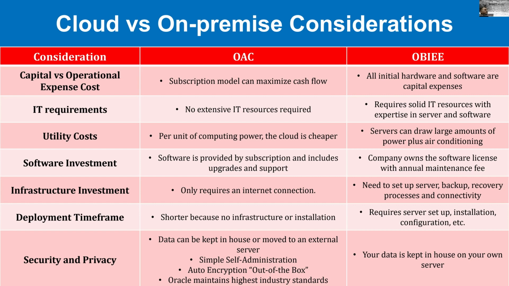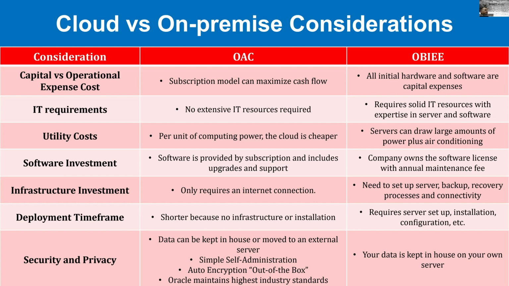IT requirements, there's no extensive IT resources required when it comes to OAC. Certainly, as we get into talking about some of the setup and the administration, you're definitely going to need some resources. But when we look at OBIEE on-premise, since you have to manage all the hardware and all the infrastructure behind OBIEE, it's much more comprehensive in terms of the maintenance and the care and feeding, also the initial installation, setup, and configuration to get started.